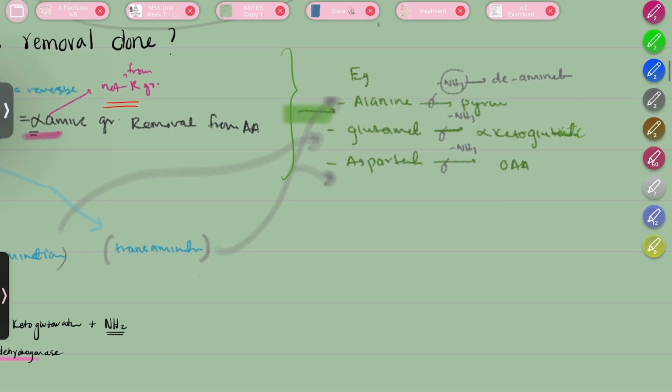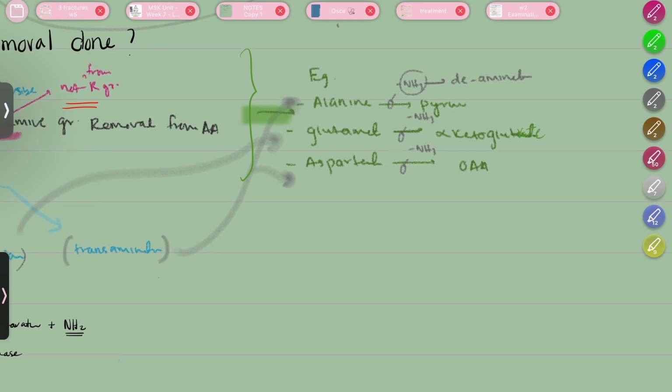In our chapter, we have three main amino acids that are usually deaminated. Alanine, once we remove the amine group, is left as pyruvate, which is the alpha keto acid. Glutamate, once deaminated, becomes alpha ketoglutarate, and aspartate, once deaminated, is left as oxaloacetate.